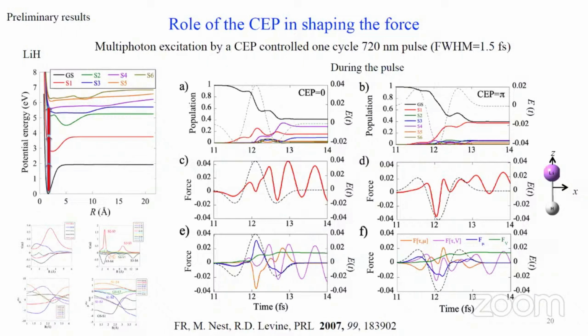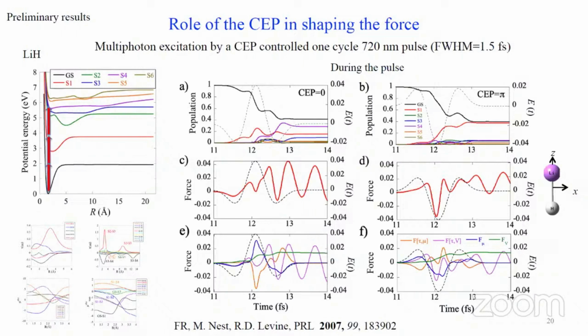Here it's because the force that comes from the gradient, which is this blue line, is of opposite sign to the force coming from this term that is really not classical, the mean value of the commutator between tau and mu. And so you see they essentially neutralize.